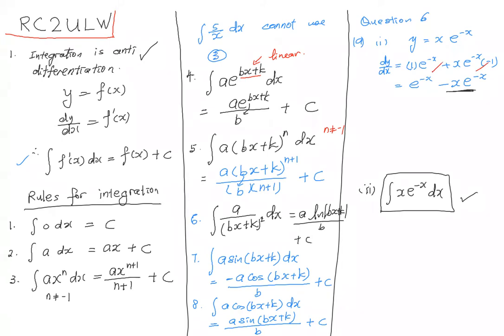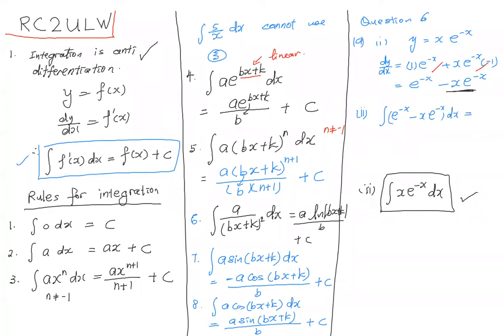Are you clear? Okay. So now to do part 2, every time the question has a hint to do part 2, especially for antiderivative, please start from here. So if I integrate e to the power negative x minus x e to the power negative x dx, what do I get?